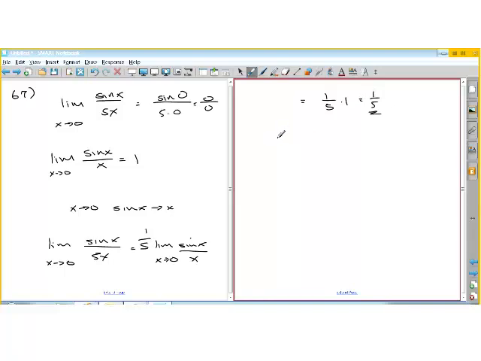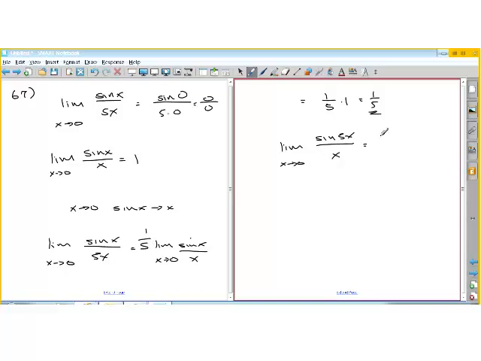Now, I'm not sure if there's one like this, but I'm going to mention it anyway. So what would happen if I had, what is the limit as x approaches 0 of the sine of 5x over x? Well, in this case, you'd say, well, I don't have different things here. So is it possible that I could multiply by 5 and divide by 5?